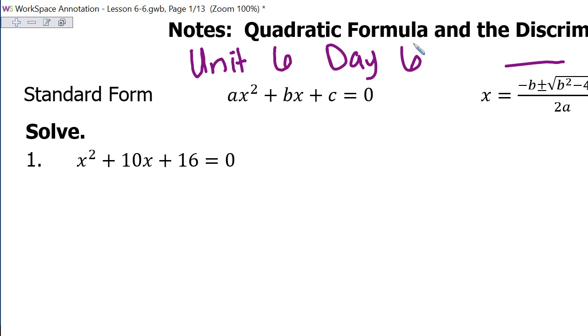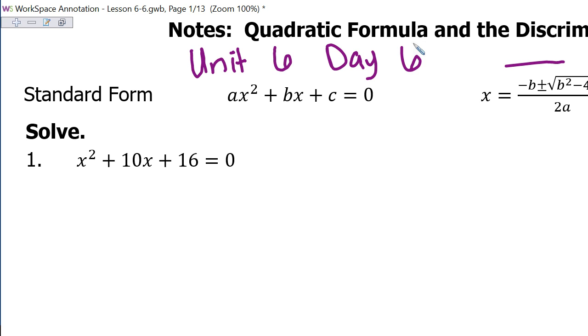So it has to equal 0. So x equals negative b plus or minus the square root of b squared minus 4ac, and in the denominator it's 2a.